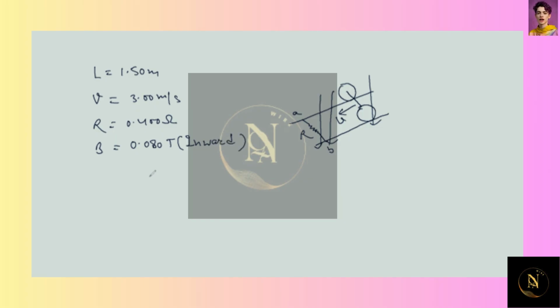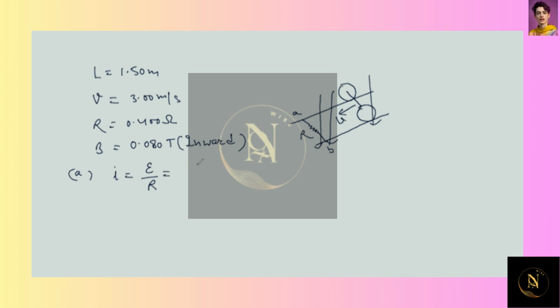Now, in the first part of the problem, we have to find the value of current passing through the resistance. That current will be given by the motional EMF induced across the ends of this axle divided by resistance R using Ohm's law.